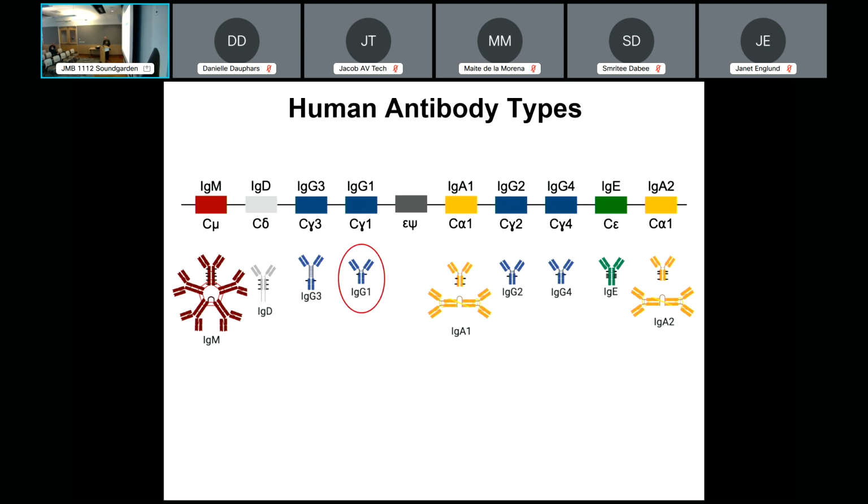And it is very well established that glycosylation is important for IgG1, but it's not clear what glycosylation does to any of the other antibodies. So this really is a wide open field, and something that I started to wonder about when I started my lab about 10 years ago.